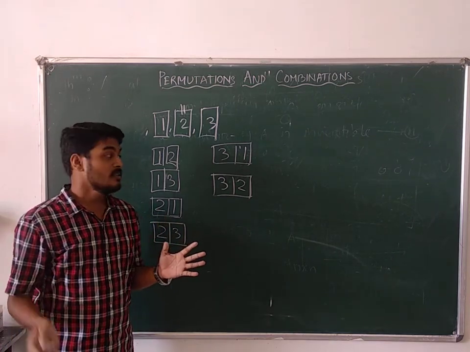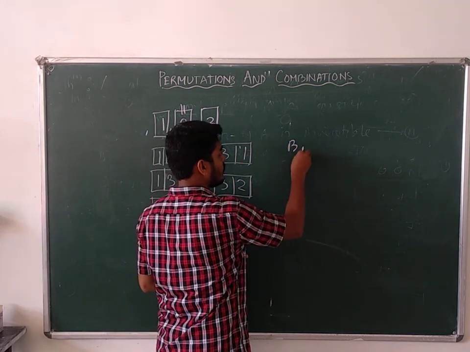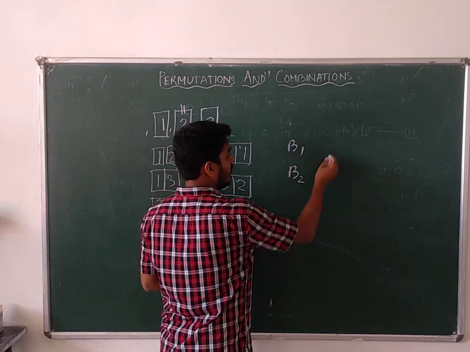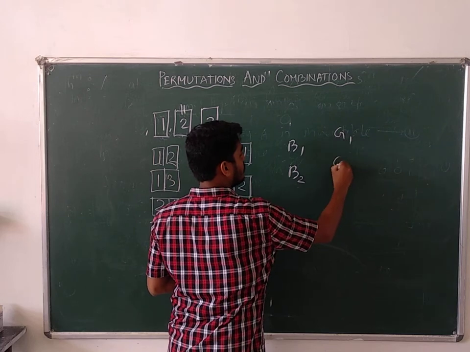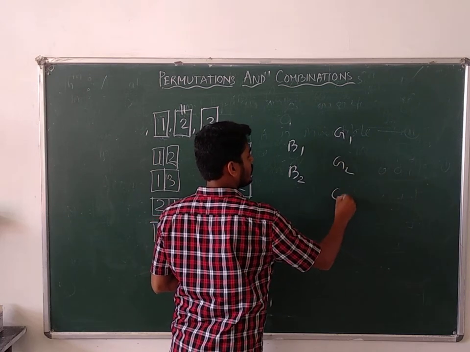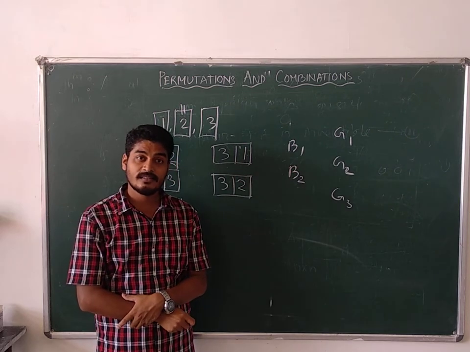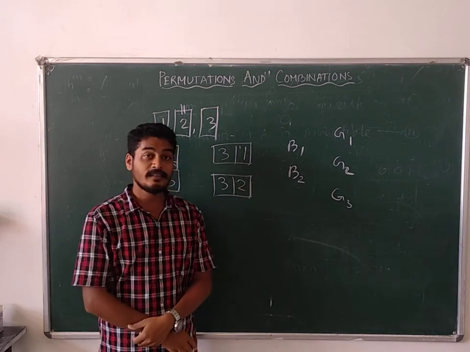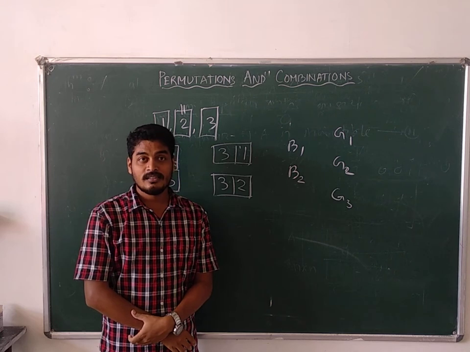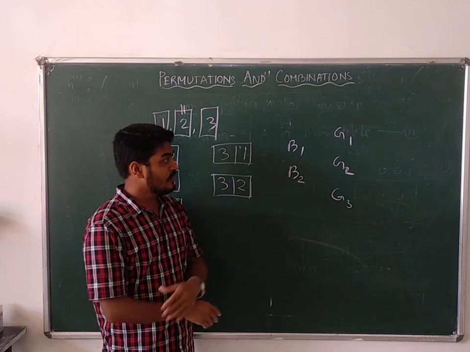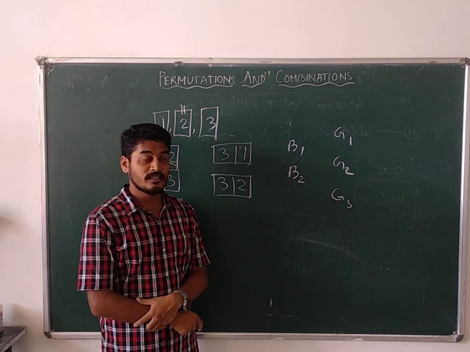Anything you can say. Suppose 2 boys are there and 3 girls are there. Girl 1, girl 2, girl 3. How many different ways can they make pairs? You can think about how many different ways they can make couples.